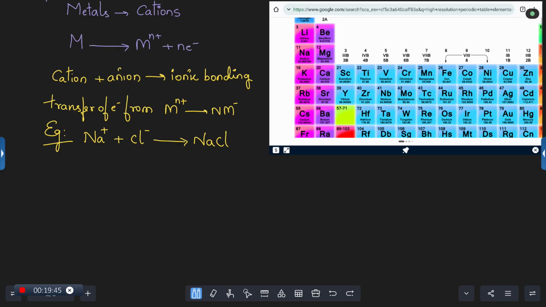Make a statement below this. S-block elements mostly form ionic compounds. What is the nature of a metal?